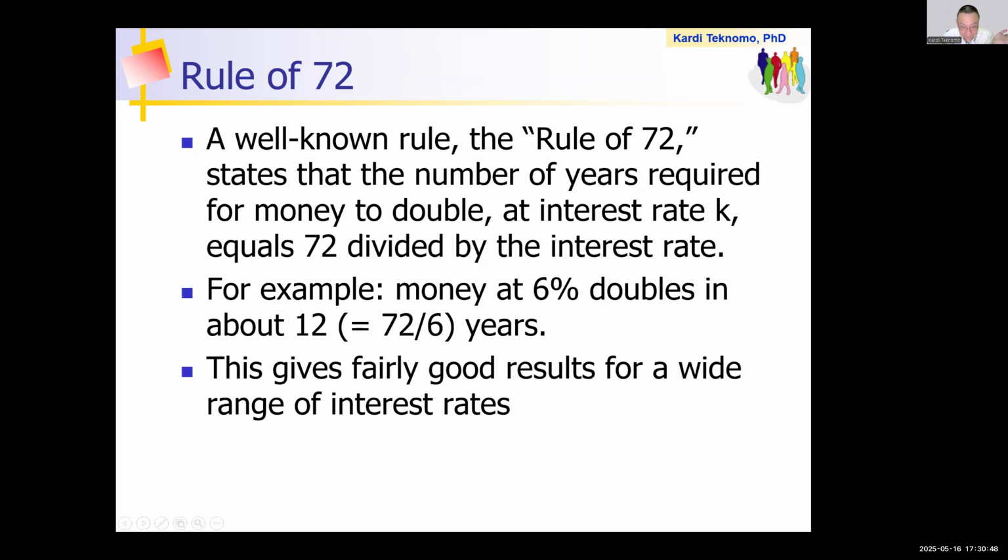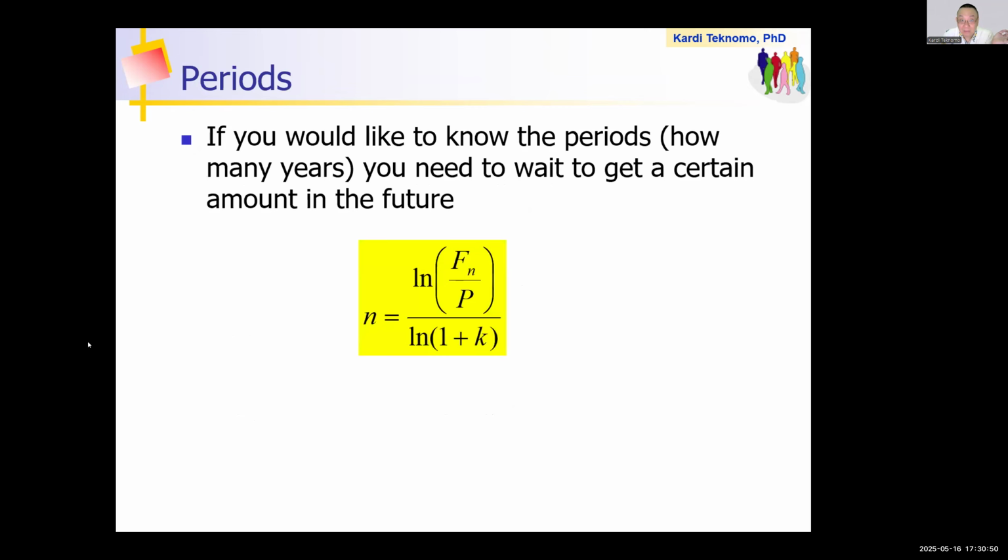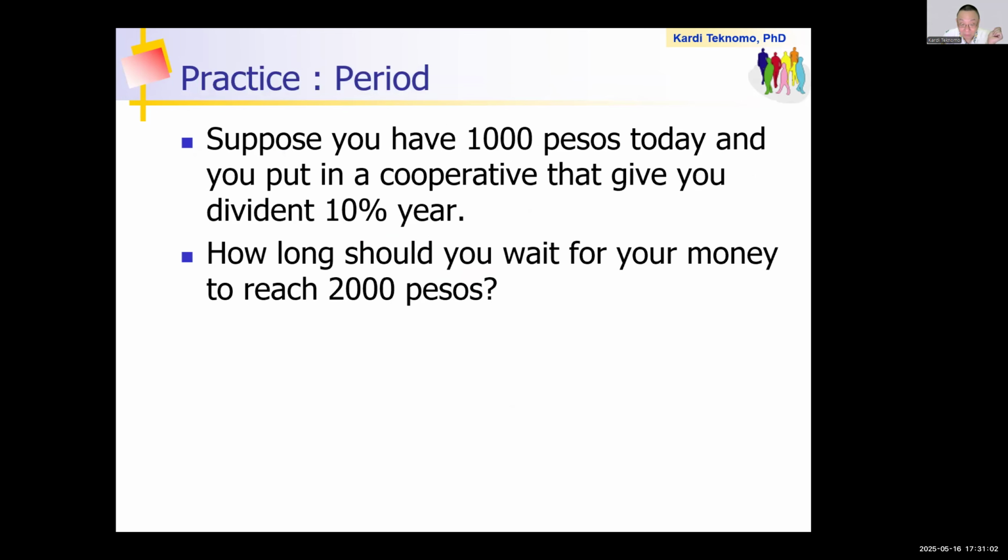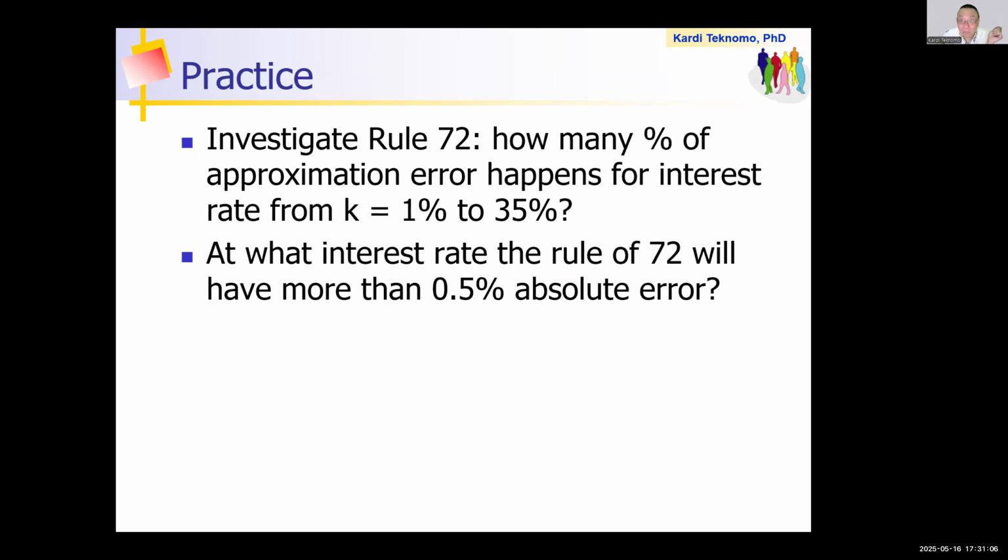Let us see. So this is supposed to be the period, isn't it? The formula for computing the period. This is the accurate one. Using a scientific calculator, you can calculate this. If you compare that with Rule 72, let's compare interest rates from 1% to 35%.